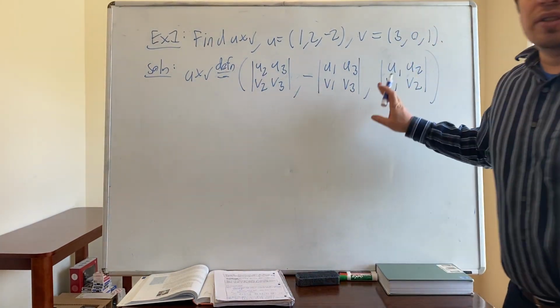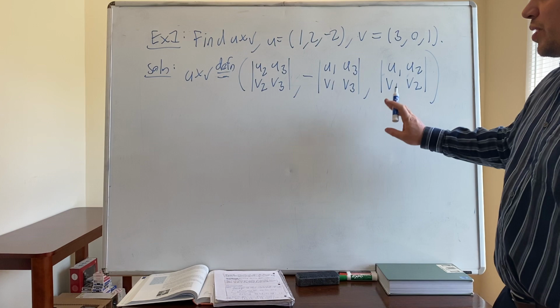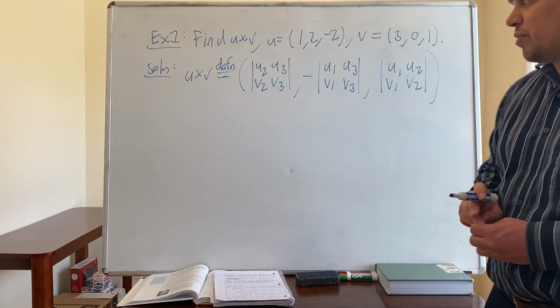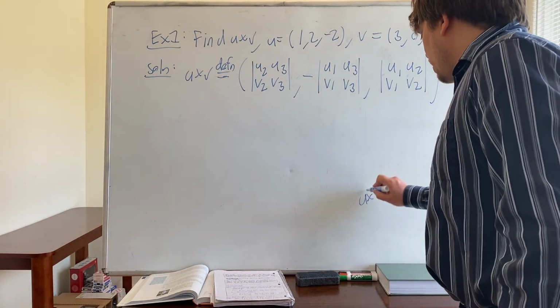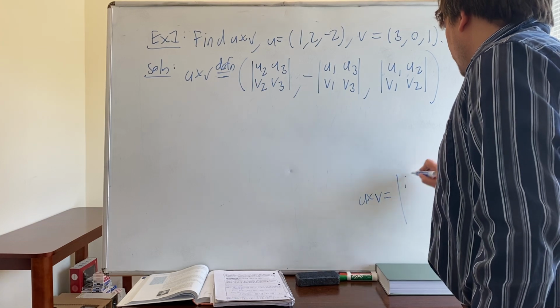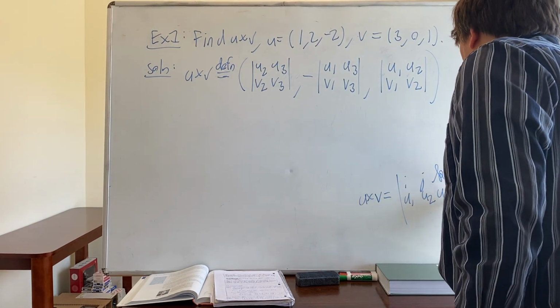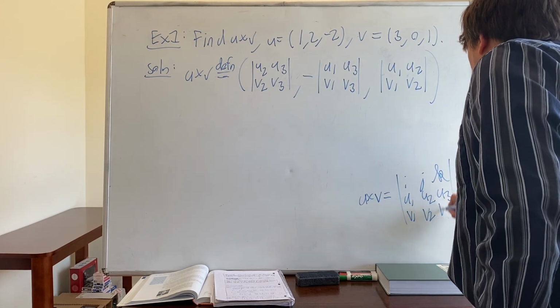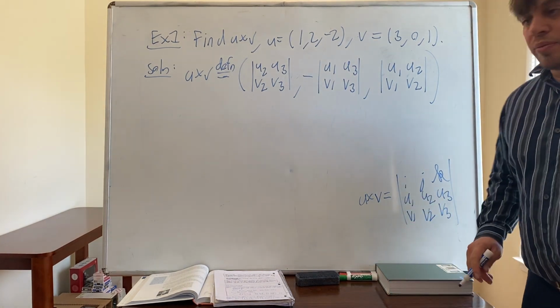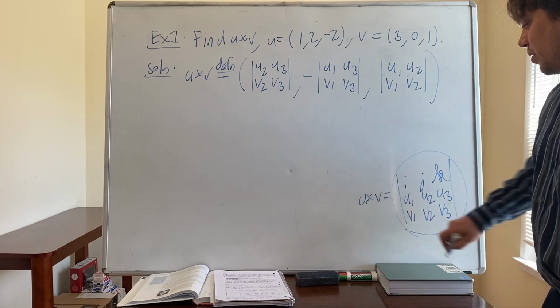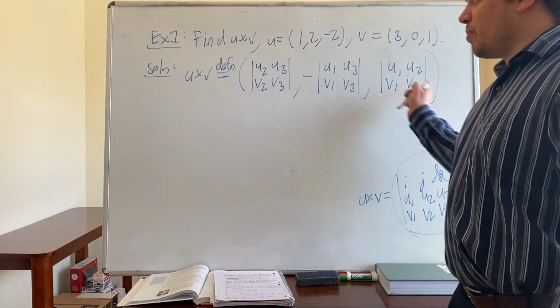And so I'm remembering this because I'm thinking of the determinant of the matrix from the previous page. The previous page said u cross v is equal to the determinant of I, j, k; u1, u2, u3; v1, v2, v3. Once you get good at calculating determinants, you can visualize that the determinant of this matrix has these components.